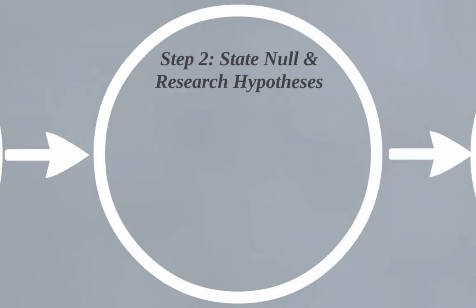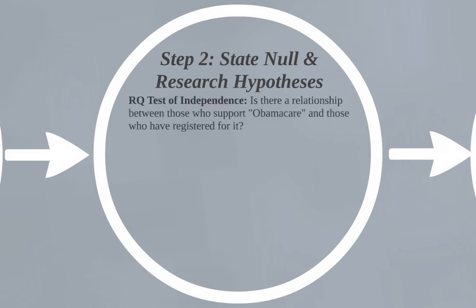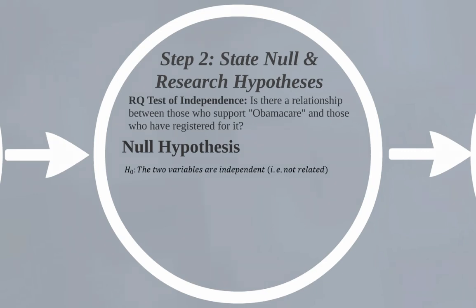Step 2, we need to state the null and research hypotheses. Let's bring in our research question real quick for our test of independence. We're asking the question, is there a relationship between those who support Obamacare and those who have registered for it? Our null hypothesis here is simply a statement. It's not numerical as some of the other ones have been.